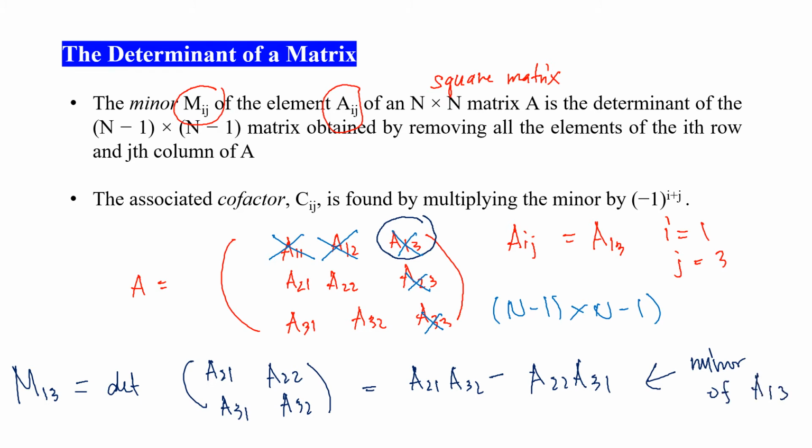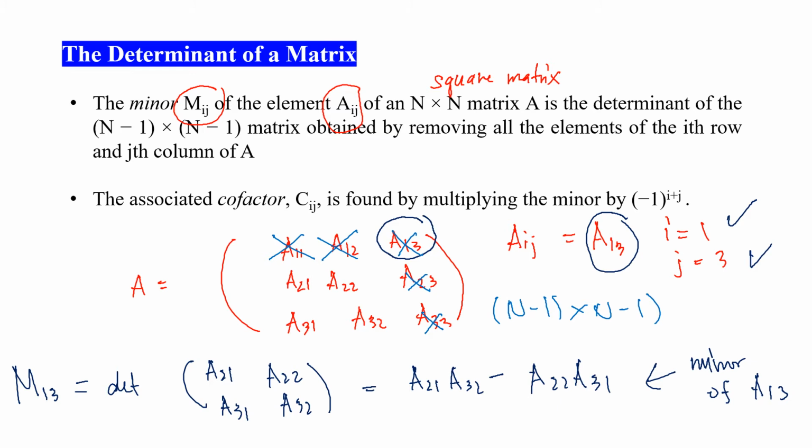Again, what we just did is select a random element of your 3 by 3 square matrix. In this case, we took your A13 such that your i is equal to 1 and your j is equal to 3. We remove all the elements of the first row and all the elements of the third column, as you can see here where we cross out the first row and the third column.